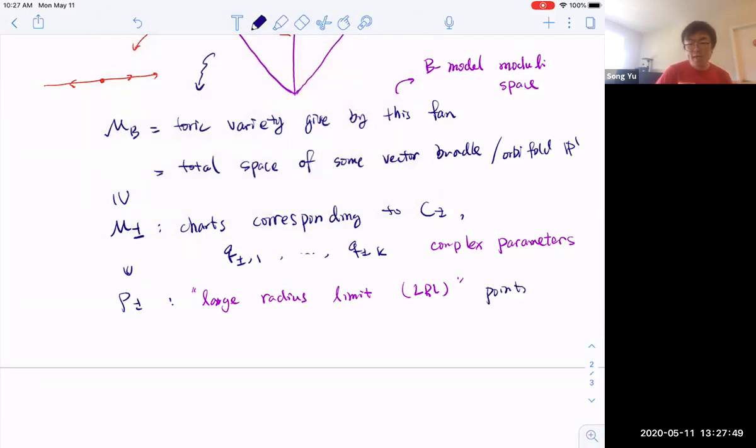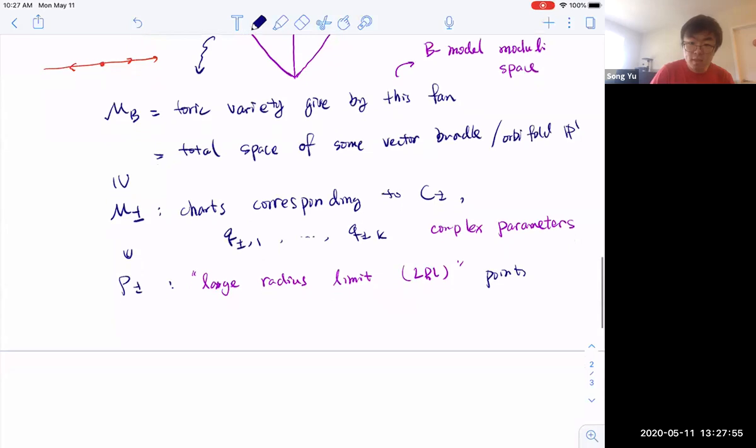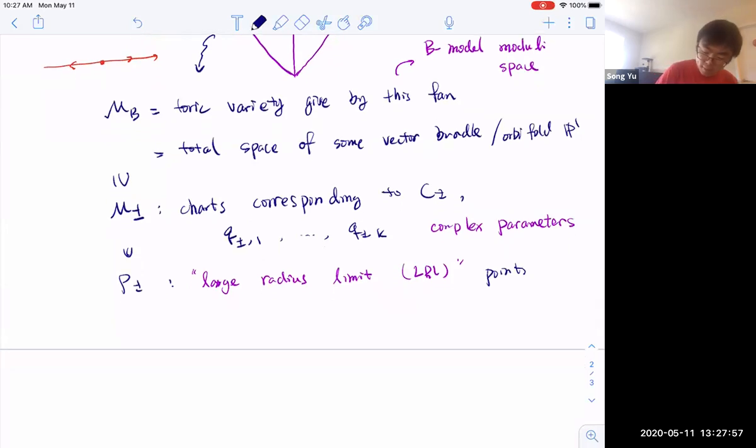Or rather here, it's actually some mixed type large complex structure limit point. This is simply the origin of these charts, given by letting all the coordinates q_k be 0.